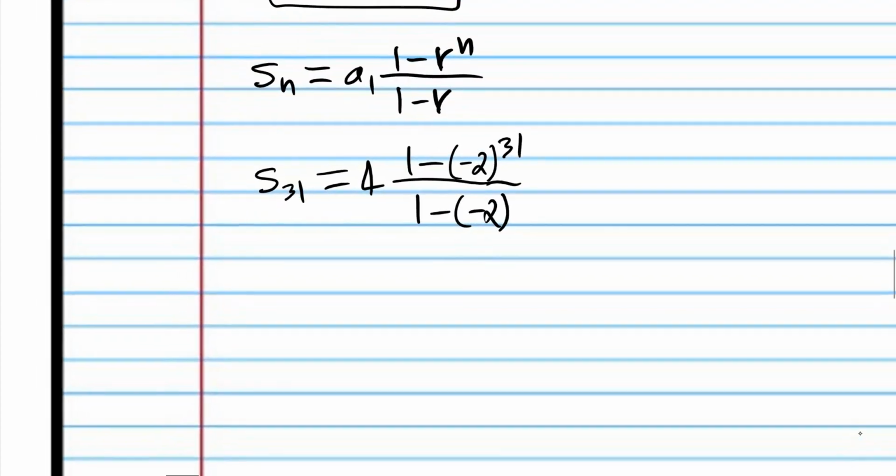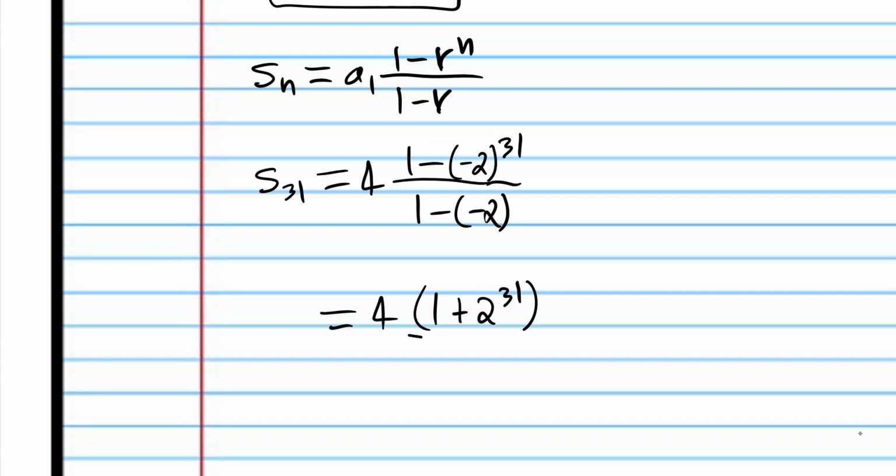Everything looks correct. So the sum is equal to 4 times 1, and this is an odd power. So that means when you raise a negative number to an odd power, you're just going to get another negative. So we're going to end up subtracting a negative, which means it just becomes a positive.